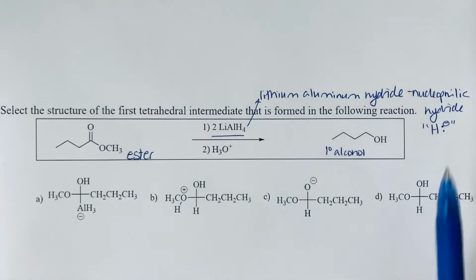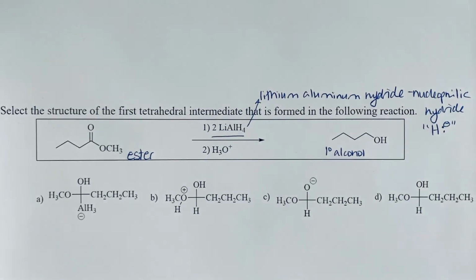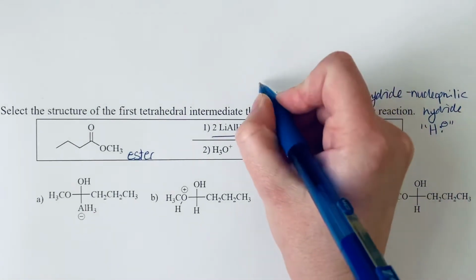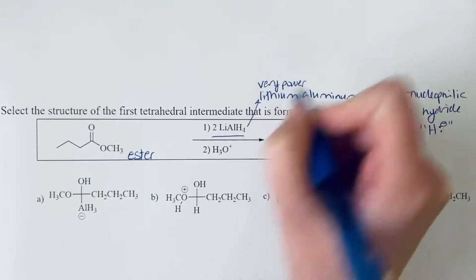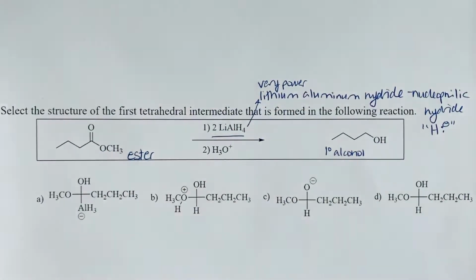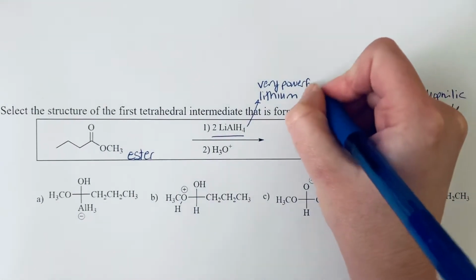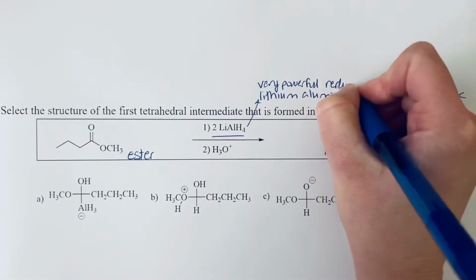If you're using just a hydride by itself, as in sodium hydride, that's going to be a strong base, but not a good nucleophile. But lithium aluminum hydride, as I mentioned, is a nucleophilic hydride, and so it is a reducing agent, and a very powerful one. So this will react with even things like esters that are not particularly electrophilic carbonyls.